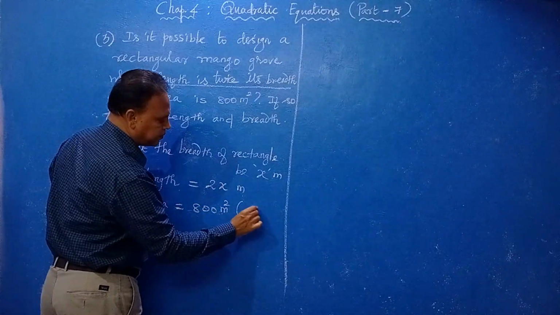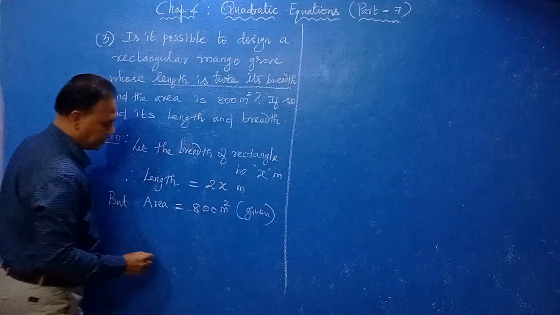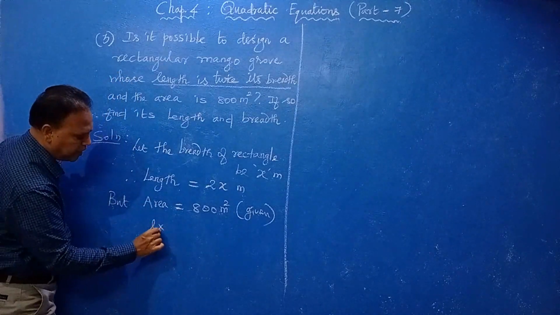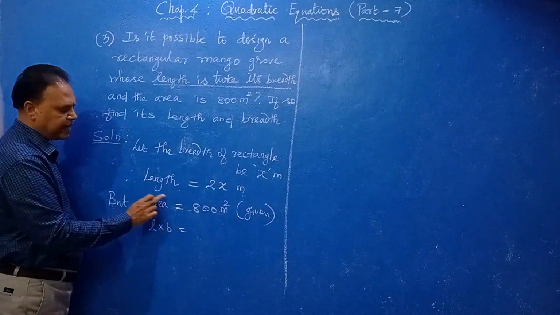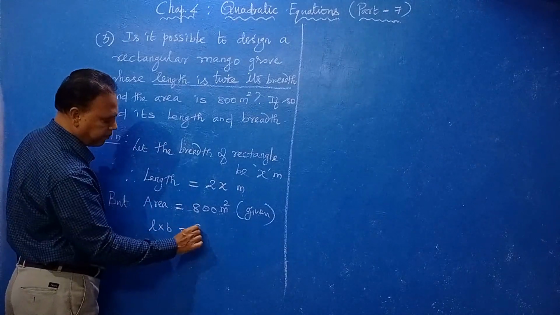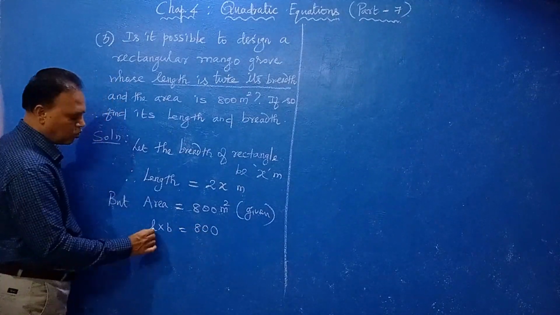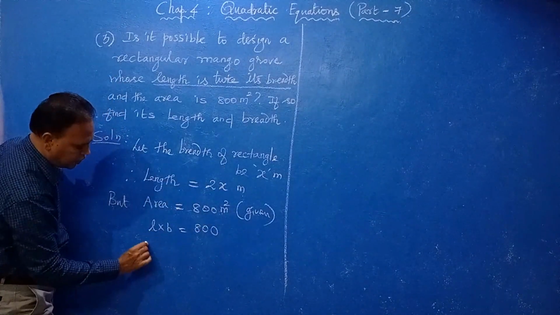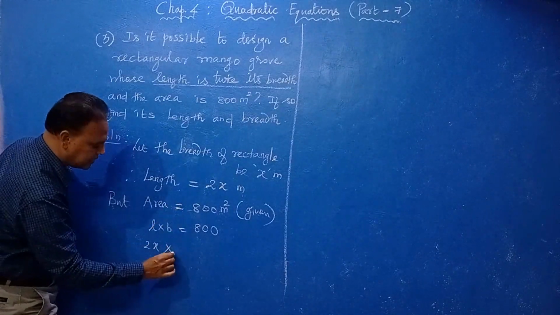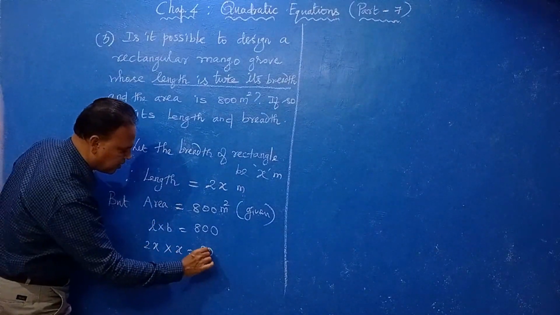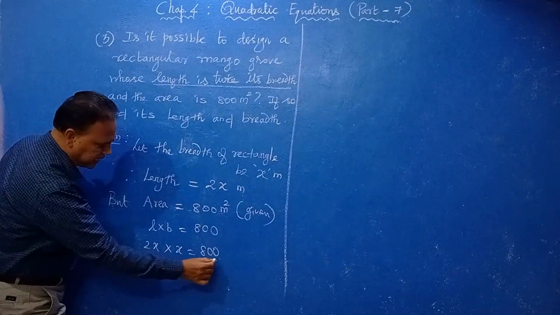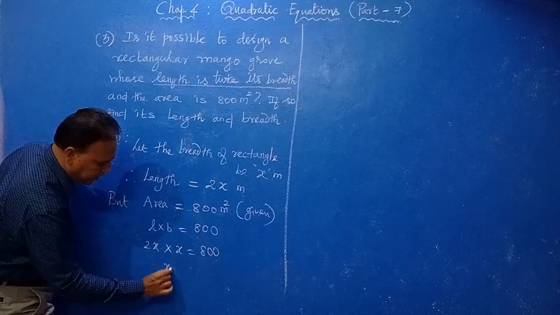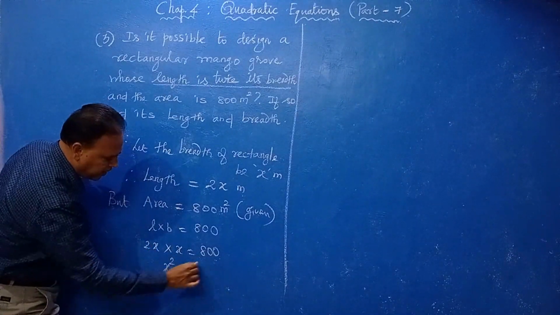But area, you know, is L into B. Area of a rectangle is L into B equal to 800. So length is 2x and breadth is x, that is equal to 800. Dividing by this 2, we get x into x, which is x squared, equals 400.